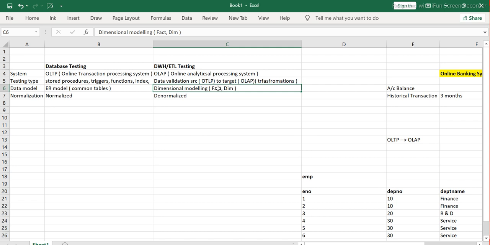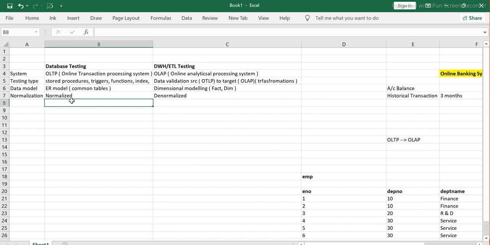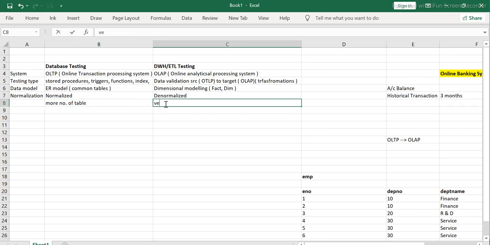For example, I have 10 tables in my OLTP system, and here I can accommodate them within two tables, one fact and one dimension table. There, 10 tables, more tables. Here, very few tables.